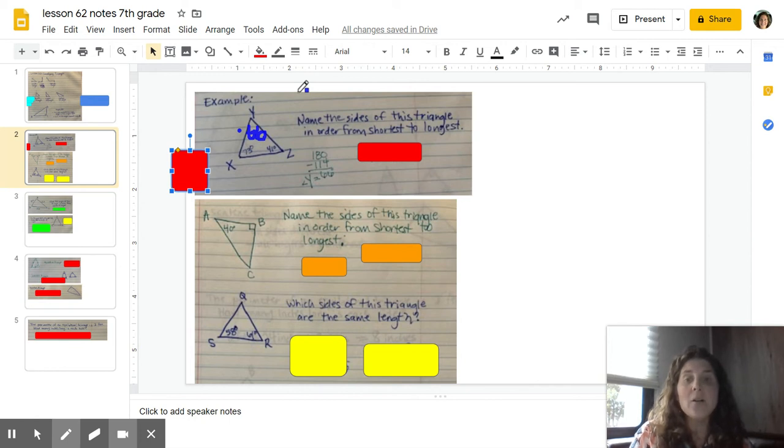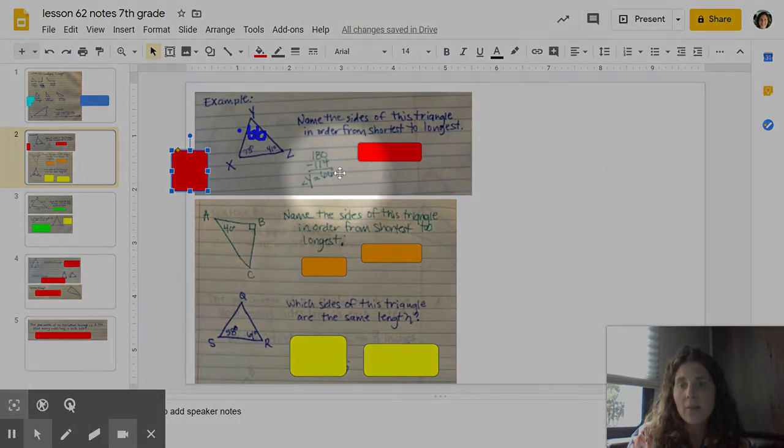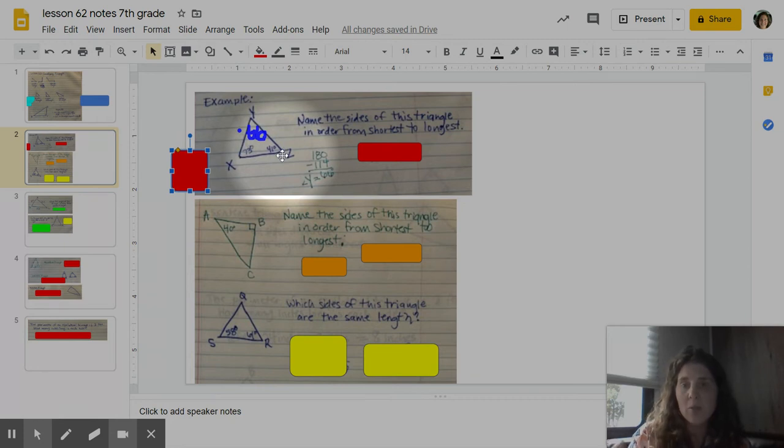Now, to order my sides, I look at the angles and ask what side is related to the smallest angle. My smallest angle is 41, and the side in relationship with it is XY.